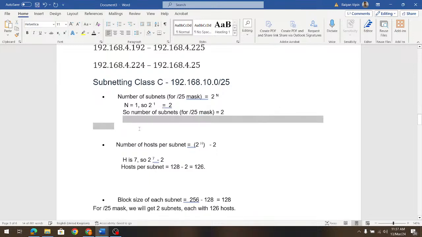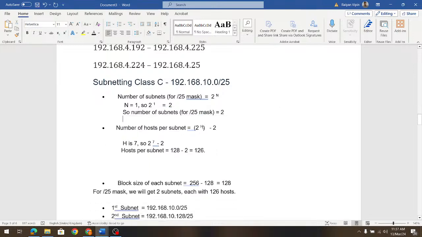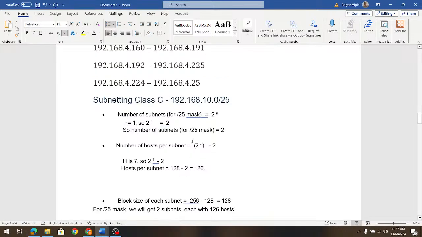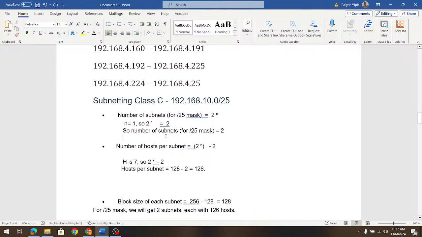Okay, the number of hosts per subnet, I'm using the same notation as in the previous one. The number of subnet bits is 1, but the number of hosts per subnet depends on the number of host bits. And how many bits are host bits?